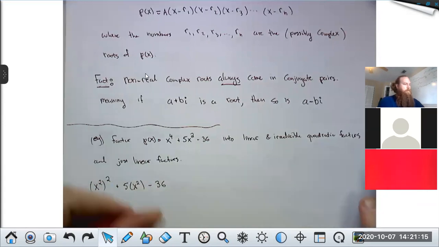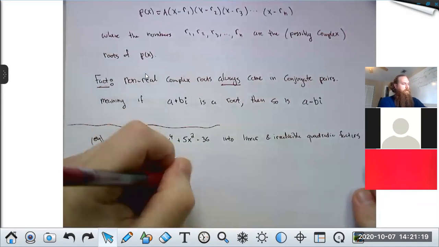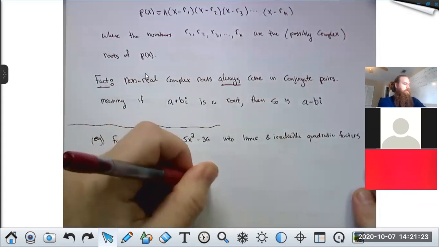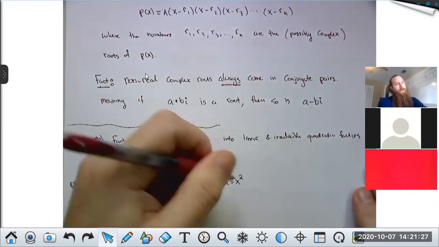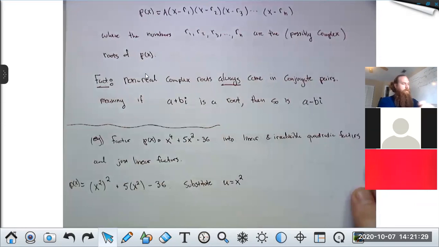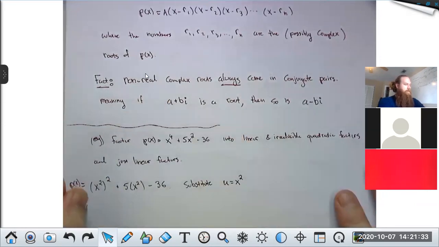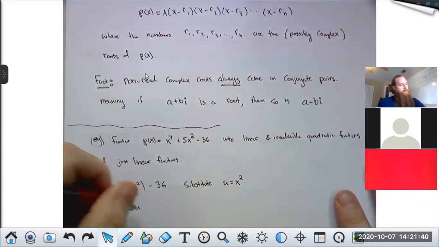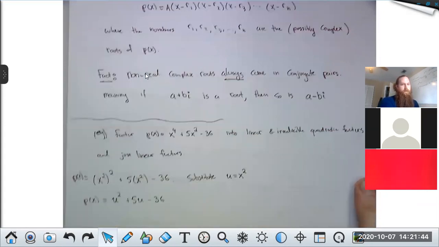So we make the substitution u equals x squared, just to make our lives look a little bit easier. Then p of x will look like u squared plus 5u minus 36. And I want to see if I can factor that.